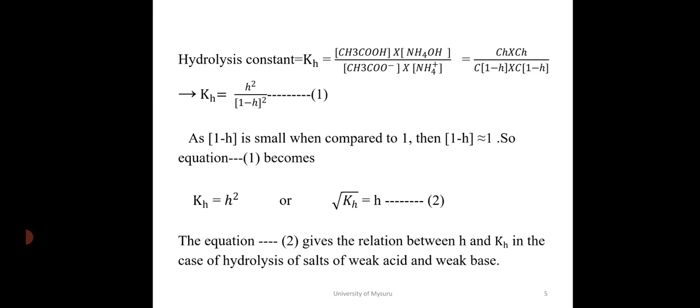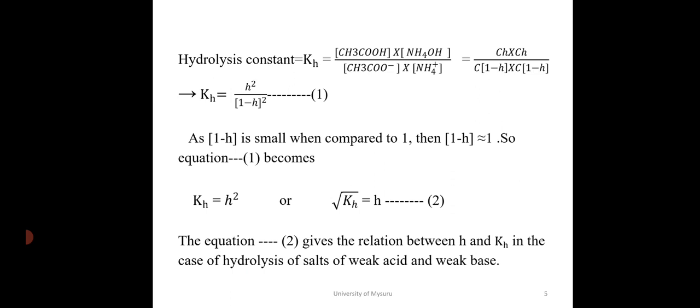Hydrolysis constant Kh is defined as the ratio of the product of concentrations of acetic acid and ammonium hydroxide to the concentrations of acetate ion as well as ammonium ion. Substituting the concentrations of these species, we get Kh is equal to h square divided by (1 minus h) whole square. Call this equation 1.